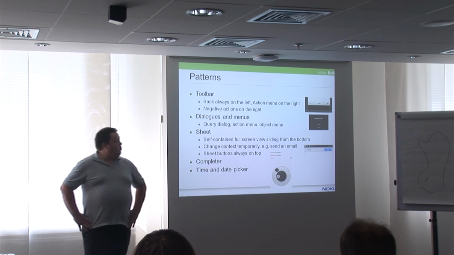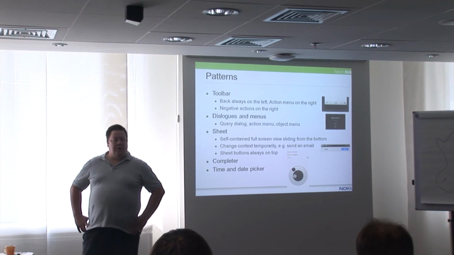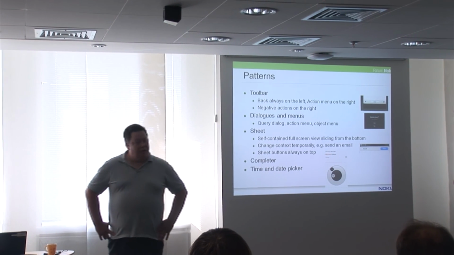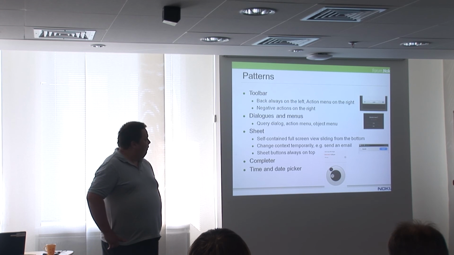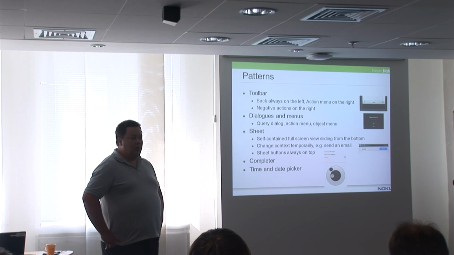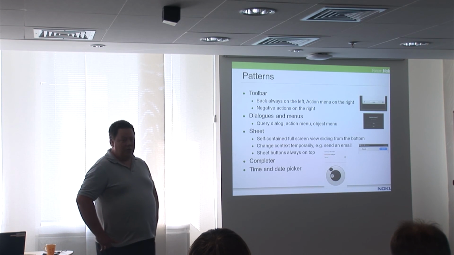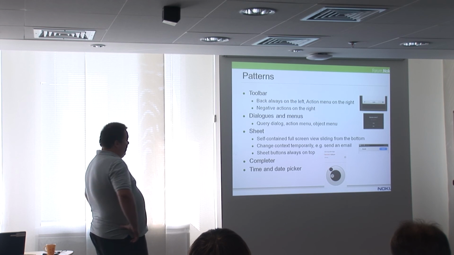Negative actions on the right, positive on the left. This is another rule of thumb. If you have other actions in the toolbar, so delete or create new one, create new one is positive, delete is negative.